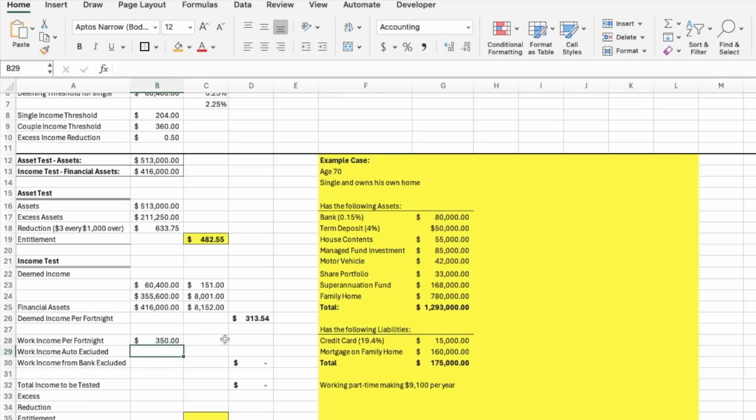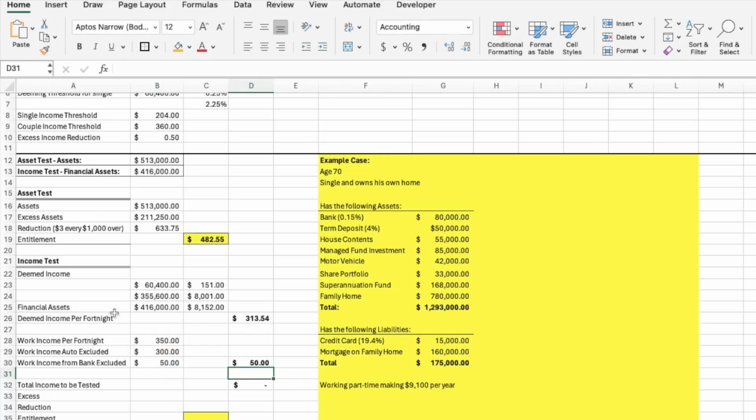An important thing to note is the first $300 of income is ignored from this calculation, and that is most likely done to encourage people to continue working into retirement. So we can ignore the first $300, meaning that our actual work income for the sake of calculating the age pension is actually, after taking out the $300, $50 a fortnight.